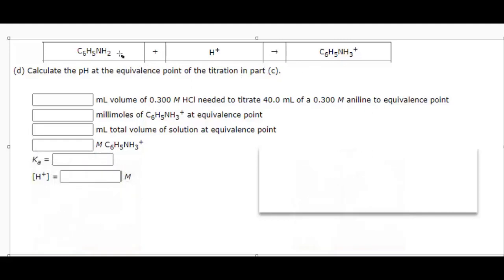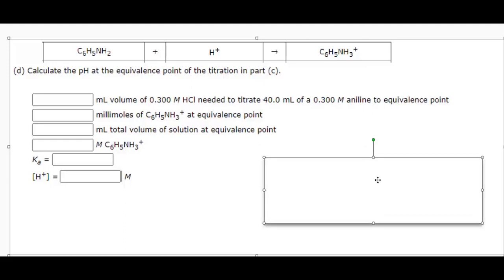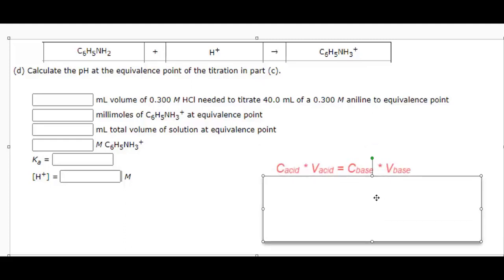Well, this is a titration where we have our acid and our base, making, finally in this case, the conjugate base, and we're set. It's just a simple titration equation where normally we would take the concentration of the acid times the volume of the acid equals the concentration of the base times the volume of the base. They want to know the volume of 0.3 molar strong acid needed to titrate 40 mLs of 0.3 molar aniline.